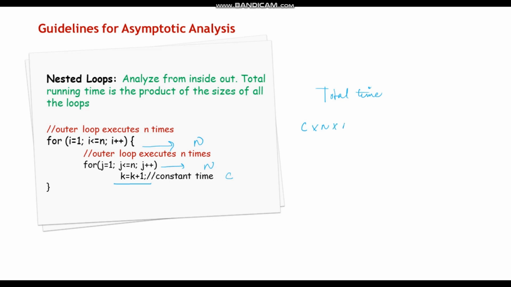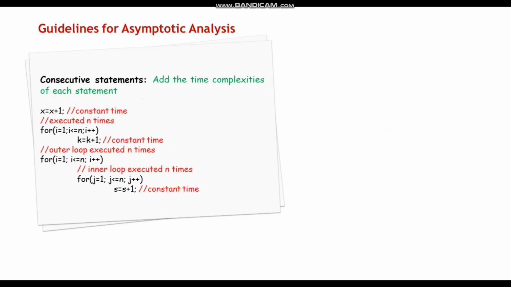So if we multiply each of them, we get the total time as c into n, that is cn square. So the total time is given as O of n square.